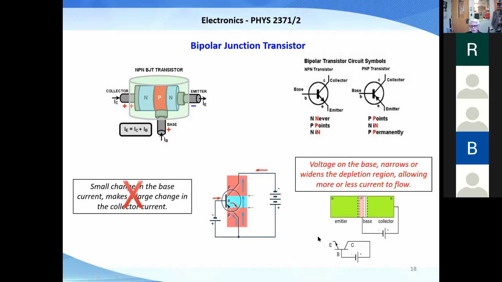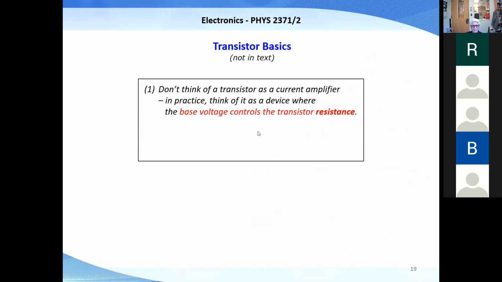I think of it as a voltage device. Don't think of a transistor as a current amplifier. In practice, think of it as a device where the base voltage controls a transistor resistance. Resistor. Okay, resistance.